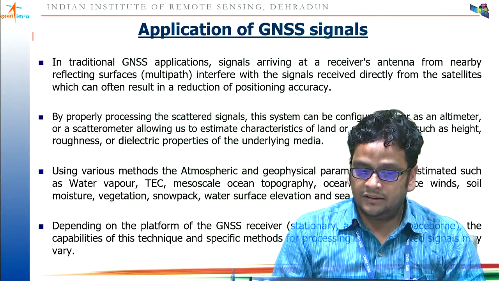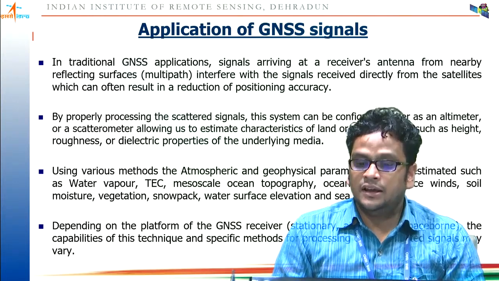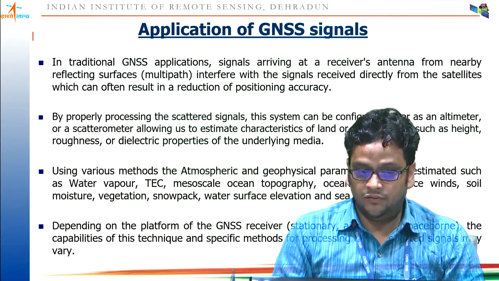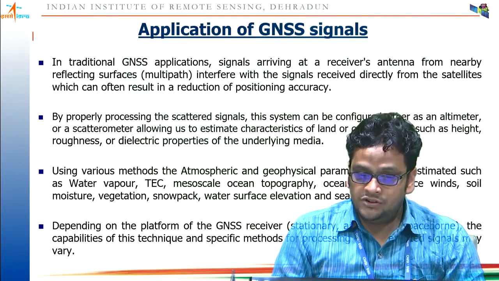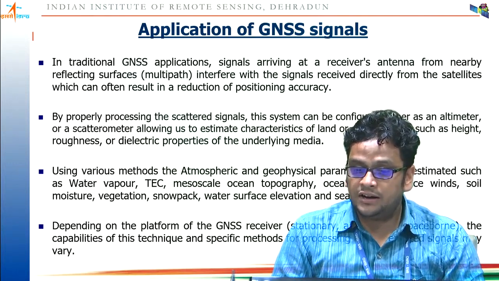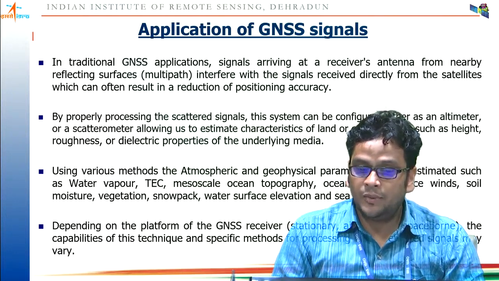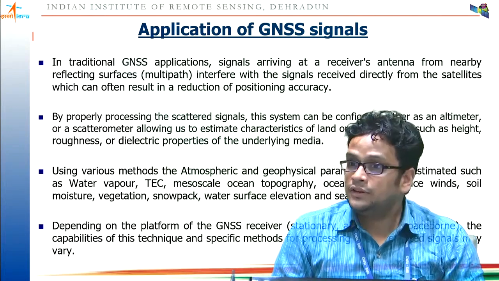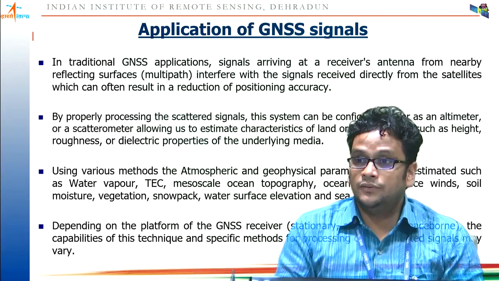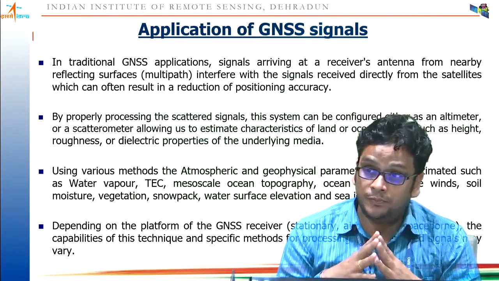Using various methods, atmospheric and geophysical parameters can be estimated, such as water vapor, total electron content, mesoscale topography, ocean water surfaces, wind, soil moisture, vegetation, snowpacks, water surface elevation, and sea ice. So the GPS signals are useful for the retrieval of these parameters also.